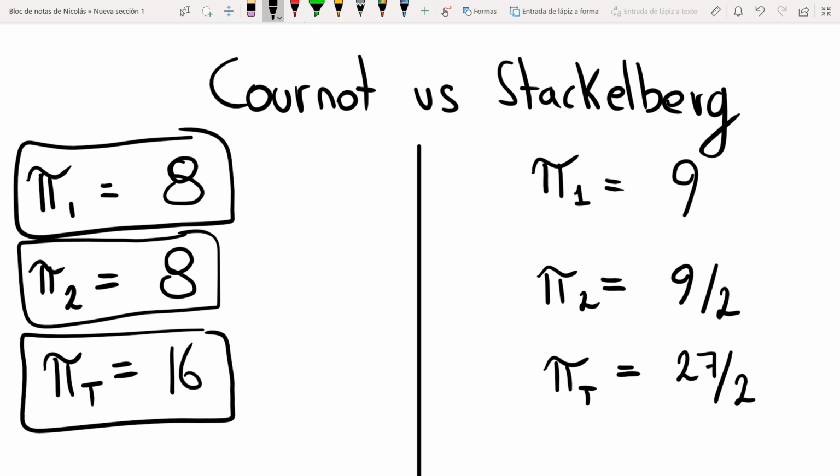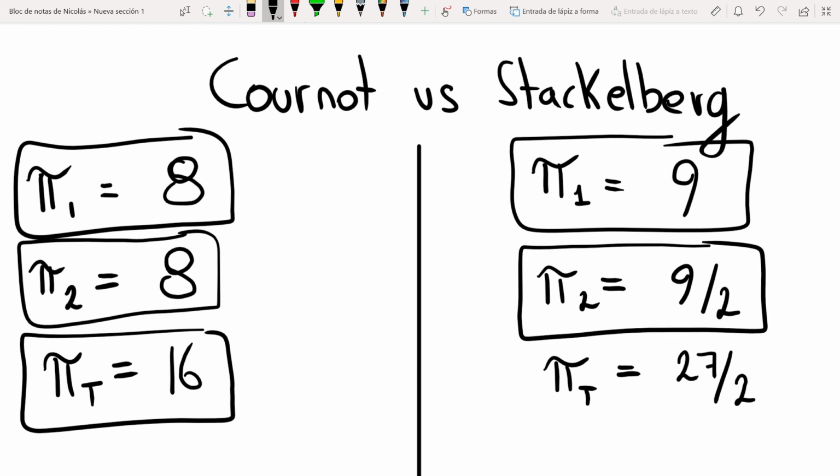While in the Stackelberg model, profit for the leader, or Boeing, which is firm 1, was 9, while the profit for firm 2, or the follower, which was Airbus, was 9 over 2, or 4.5, adding up to a total profit of 27 over 2.